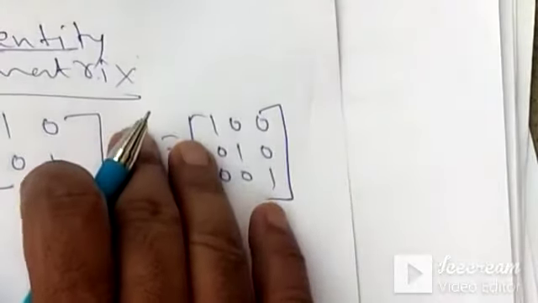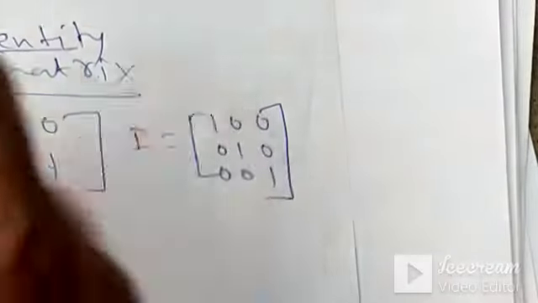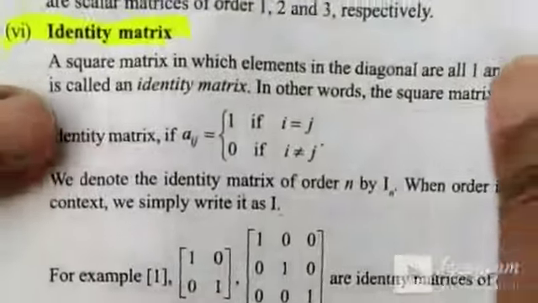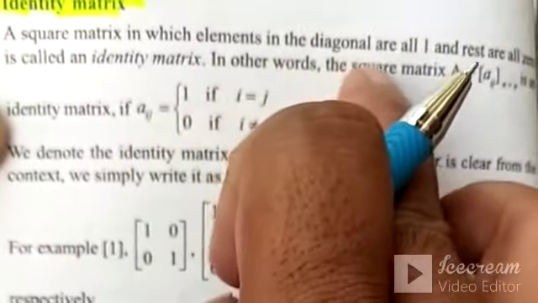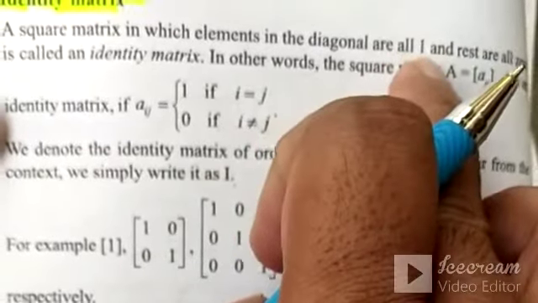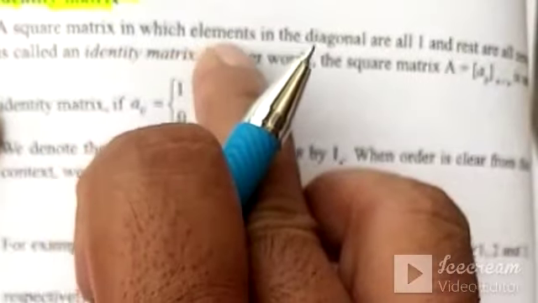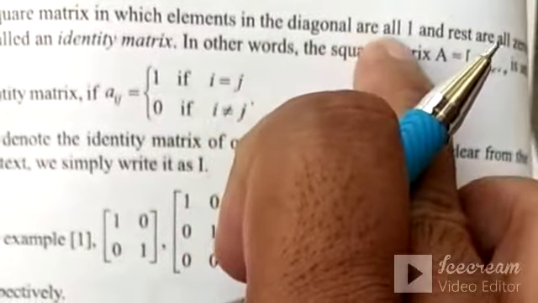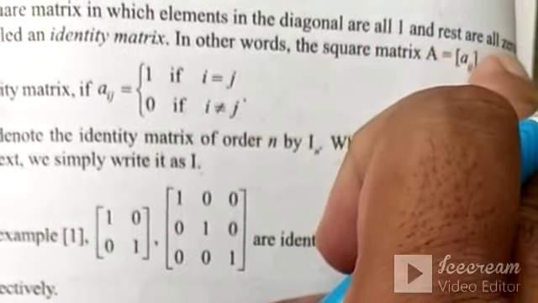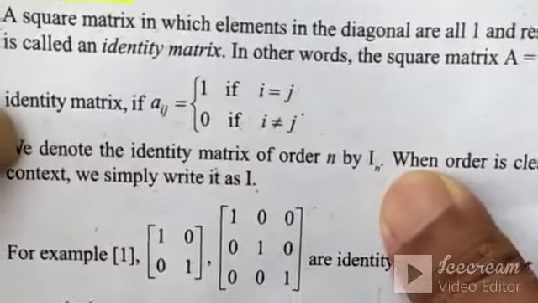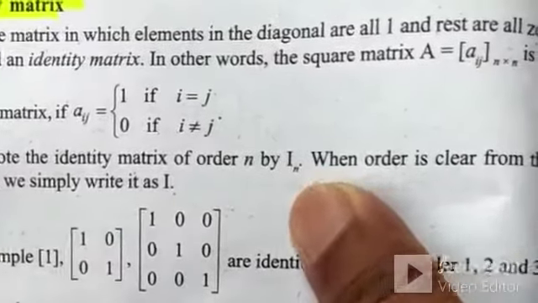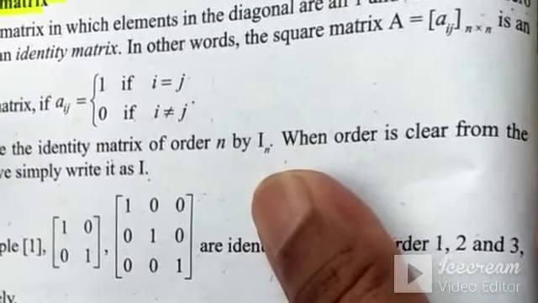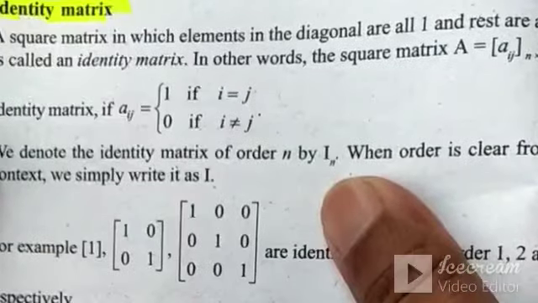Now I will show your textbook definition. What has he given? Identity matrix: a square matrix in which elements in the diagonal are all 1 and the rest are all 0 is called an identity matrix.